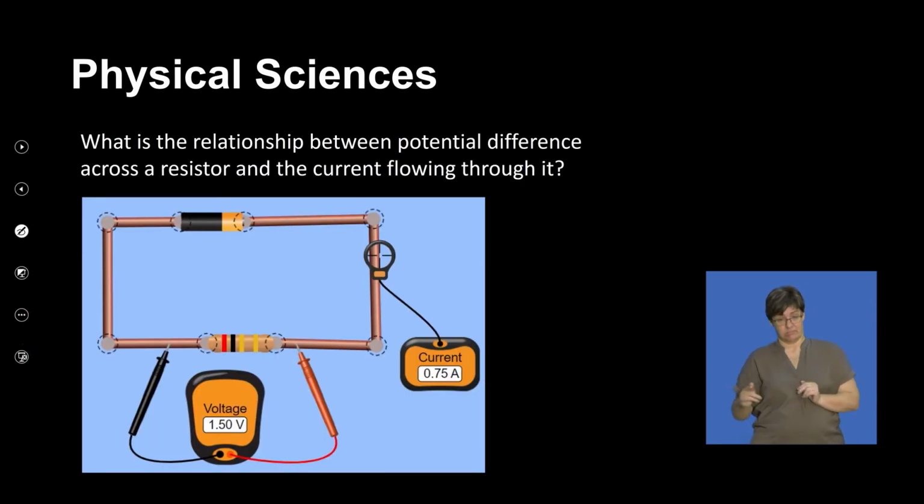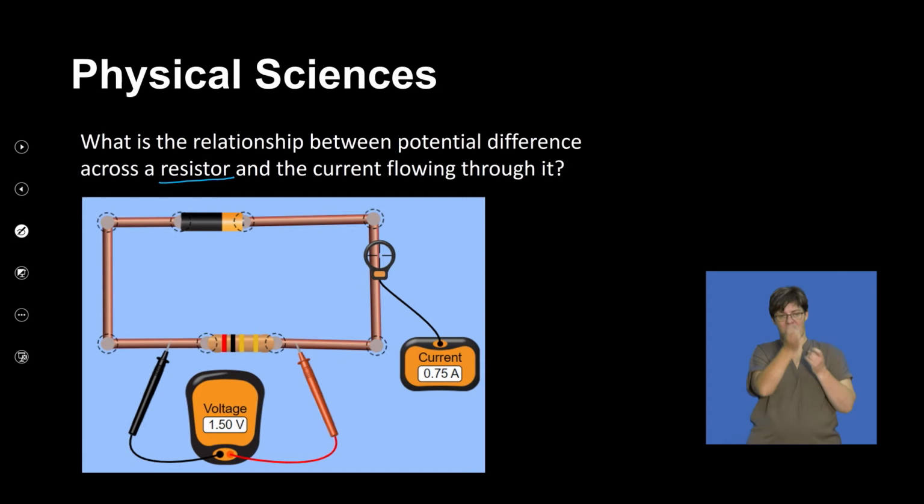Now we focus our attention on the relationship between the potential difference across a resistor and the current flowing through it. This is just a snippet of a PhET setup of apparatus, which is going to help us obtain the data.